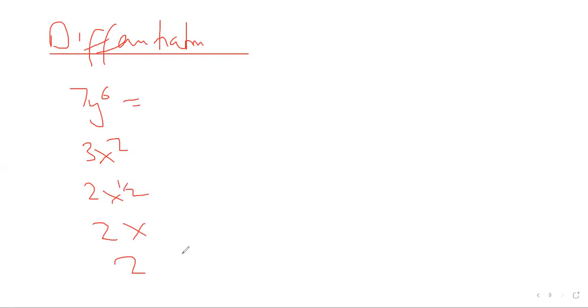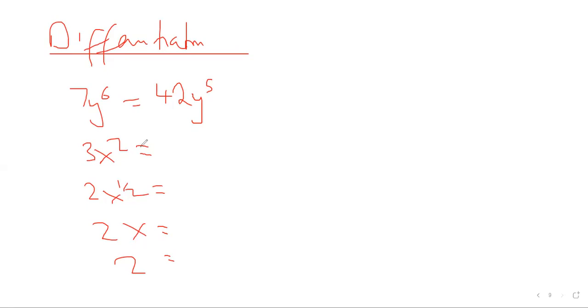What are we getting? Give me the value. So this is 7y6. Because we multiply 7 times 6 is 42. Then subtract 1 from the power, I get 5.